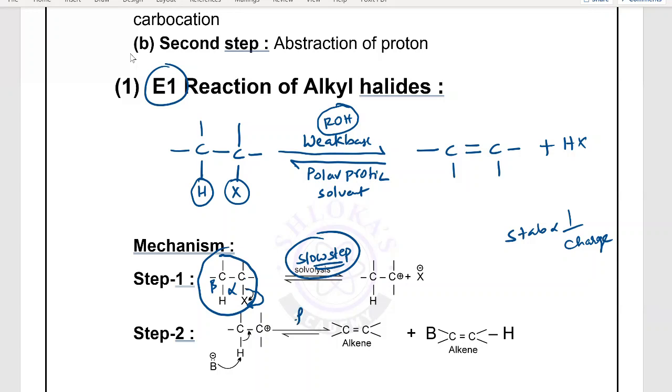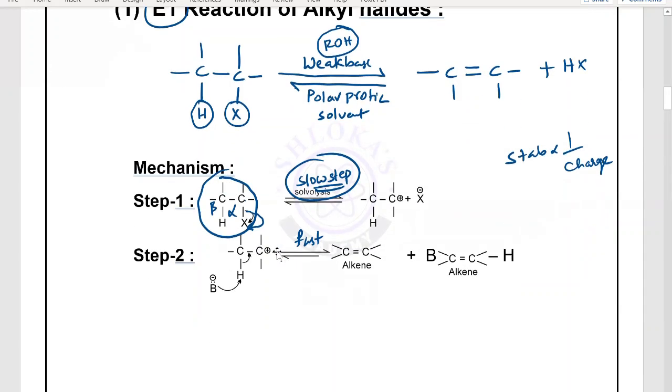And this step is a fast step. Why a fast step? Here, a charged particle is converting into a neutral one, meaning highly unstable into more stable. Generally, that is a fast process. So this is the complete mechanism of the E1 reaction.